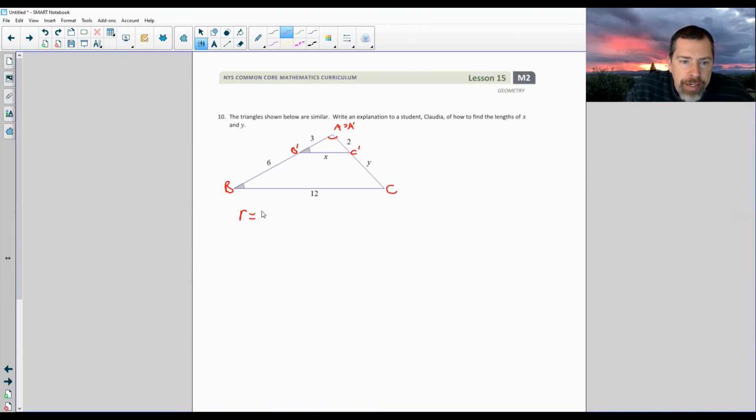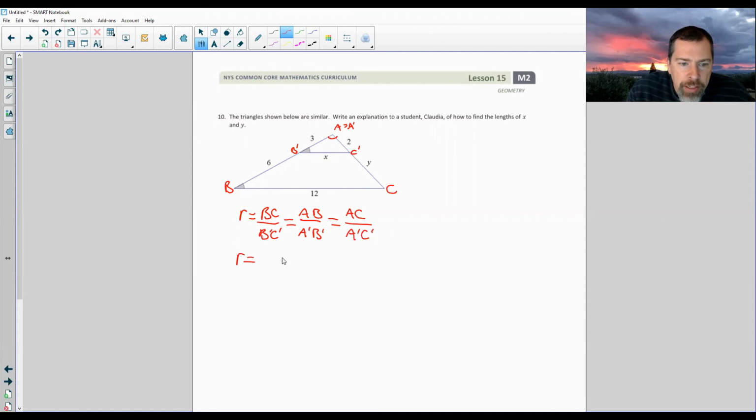So I'm going to say BC is to B prime C prime, as AB is to A prime B prime, as AC is to A prime C prime.